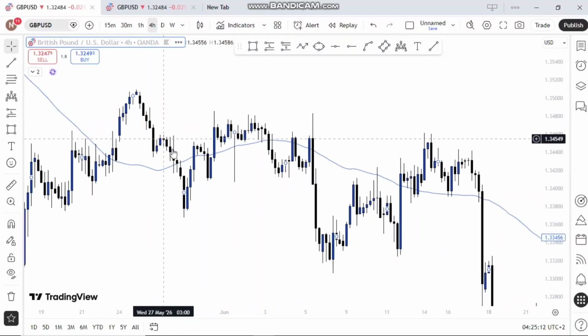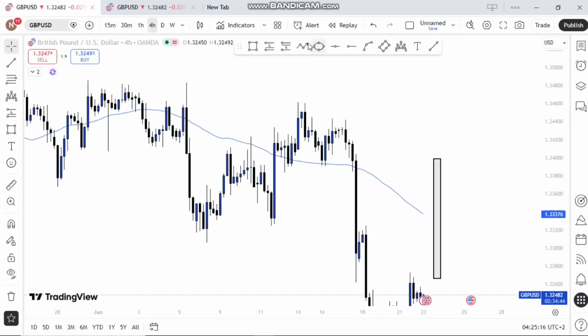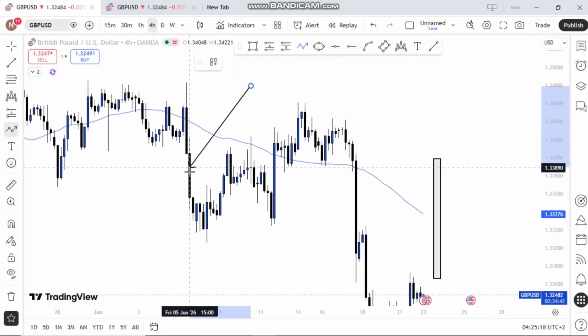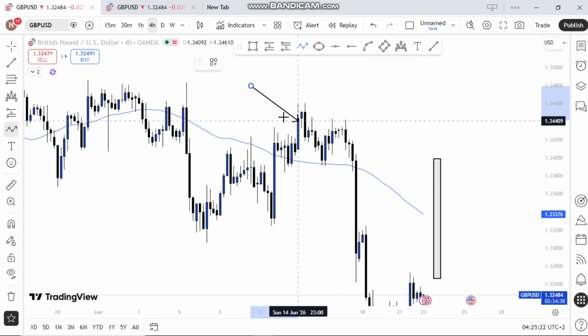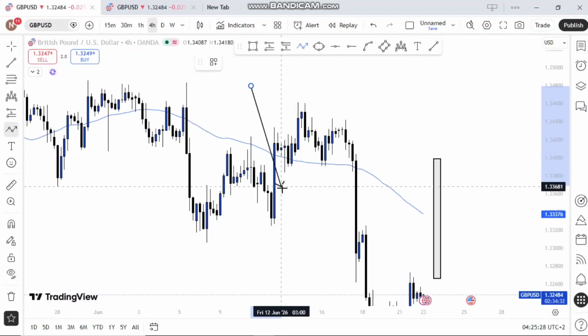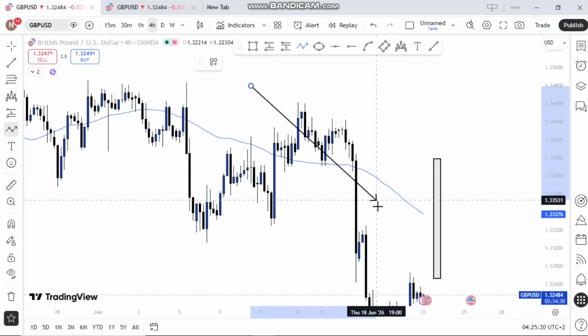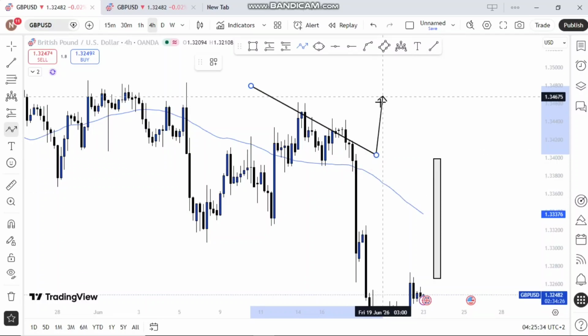Small candles, nothing huge, nothing major. Whenever a market creates candles like these ones, it has to retrace them. Retracing means that it has to fill up this gap. This is a gap that it leaves on the market. There's a gap here. It has to fill up the gap. Then it can continue on its overall direction.